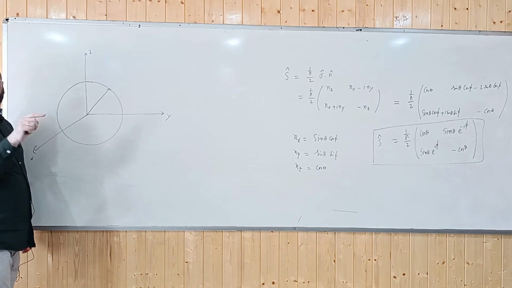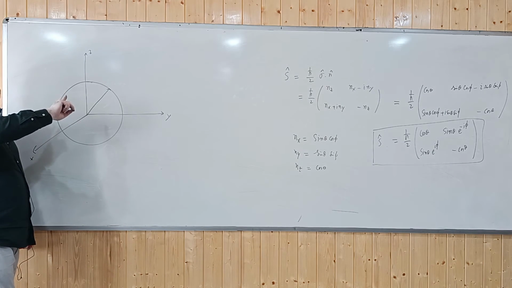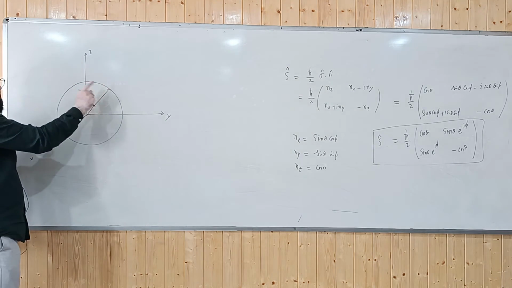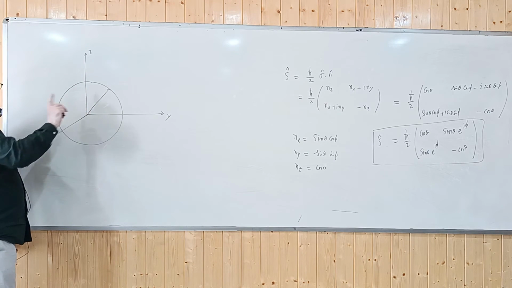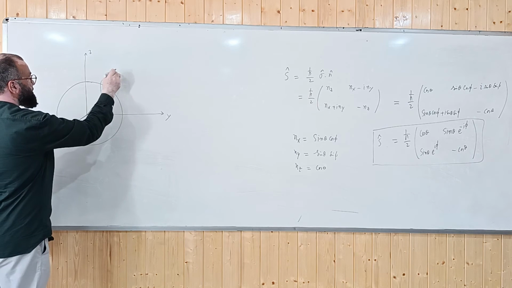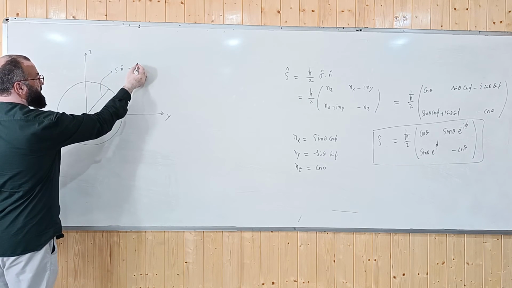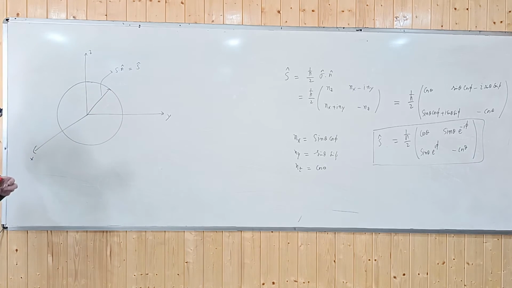The tip of the vector is on the surface of the sphere. So the points on the surface give you the orientation of this S dot n, or simply your S operator. This spherical polar coordinate representation of the spin half particle we call the Bloch sphere representation.